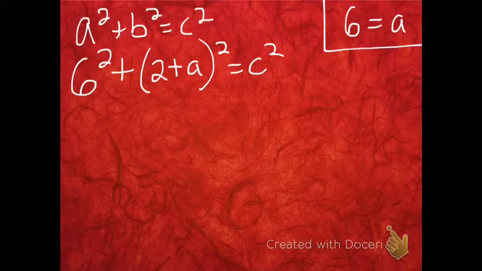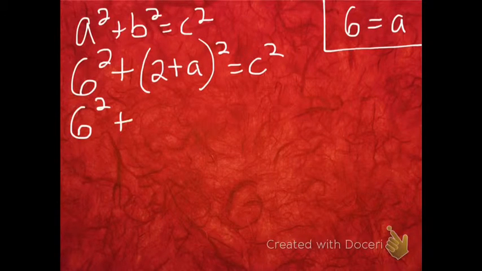For b, we know that it's a plus 2, so we fill in 2 plus a squared equals c squared. So the whole equation is 6 squared plus 2 plus a squared equals c squared.